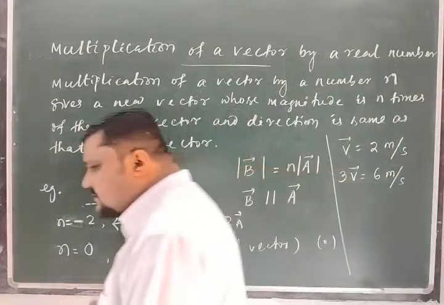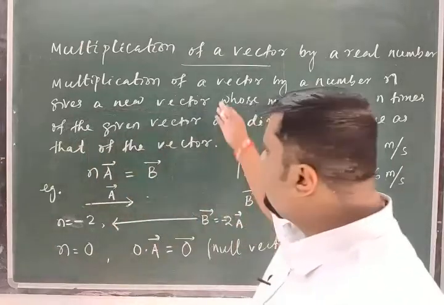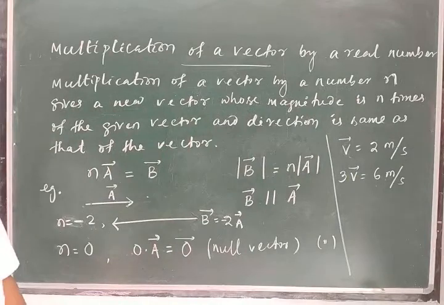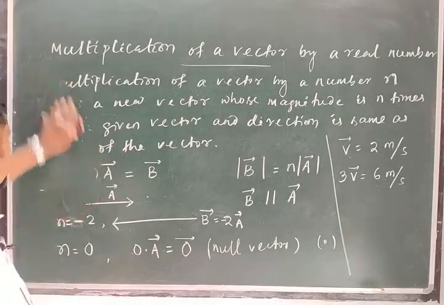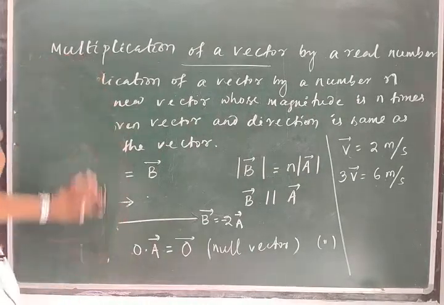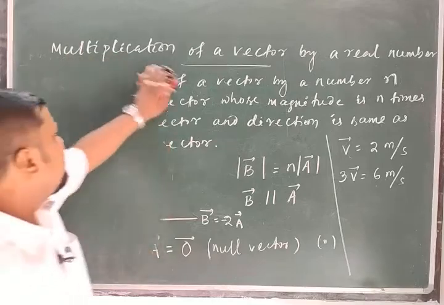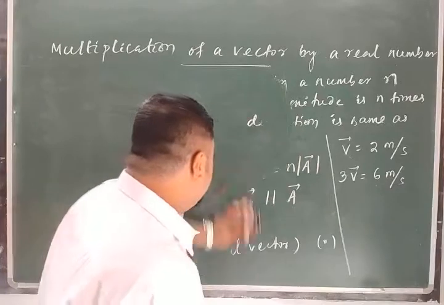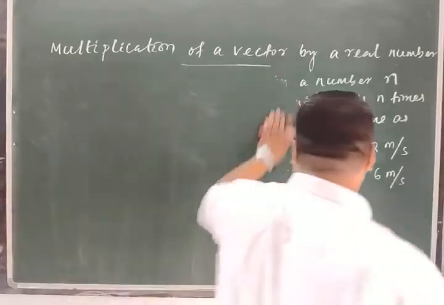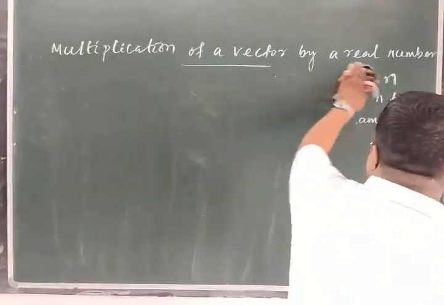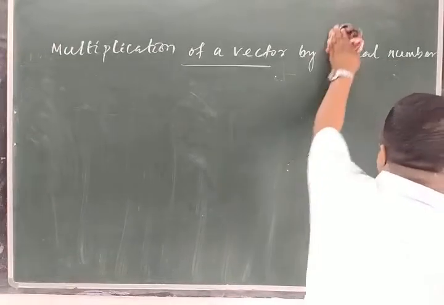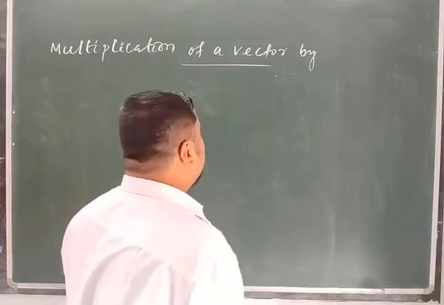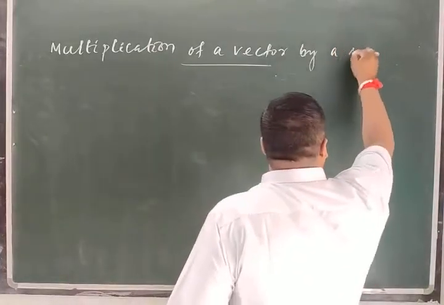It does not change the unit part, it only changes the magnitude part that represents the vector. And how this magnitude changes, you already know, graphically and also analytically. Right? Next we will go for the multiplication of a vector by a scalar, not a real number, by a scalar. Now I multiply the vector by a scalar.